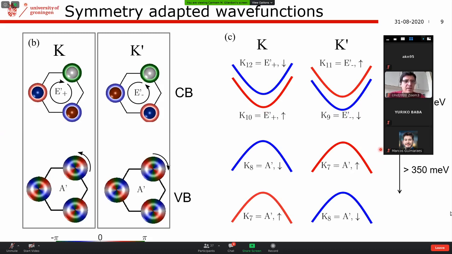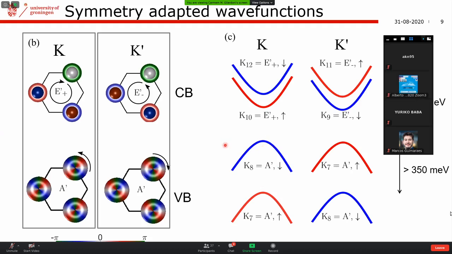And this splitting is much larger in the valence band than in the conduction band. And that you can understand again from this representation of the Bloch wave functions. Like I told you, in the valence band, there's an orbital angular momentum around each atom coming from the atomic wave functions. And this large orbital angular momentum actually gives rise to this large spin-orbit coupling.